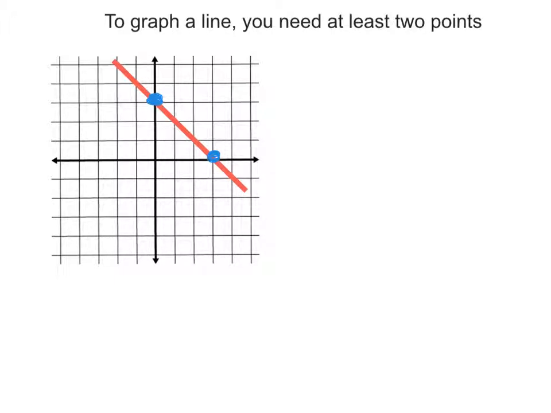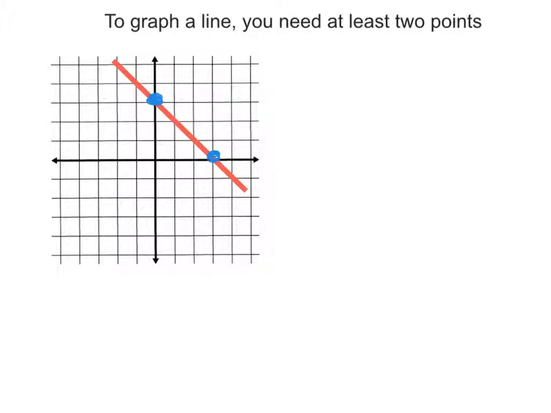But there's 2 points that are really, really easy to find. And they're the 2 points that you see in blue on the board. So let's say I have this line here, and I want to find these 2 blue points. Okay, so I want to find any 2 points on this line. Now, almost any line in the entire world is going to cross the x and the y-axis at some point in time in its life. Okay?